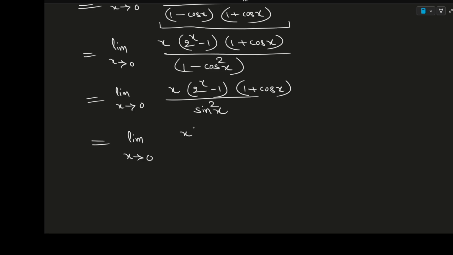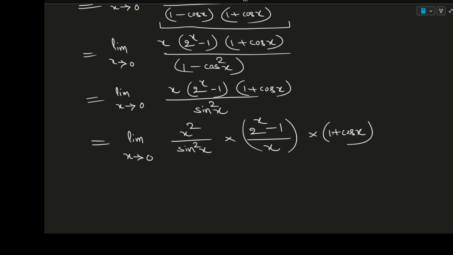So it will be x square by sin square x into 2 to the power x minus 1 by x into 1 plus cos x. Now I will apply the algebra of limits. We can individually evaluate the limits if they exist separately. So the limit of this one will be 1.